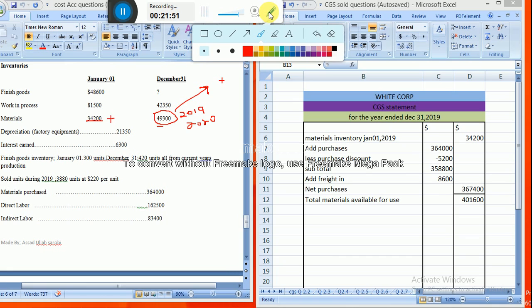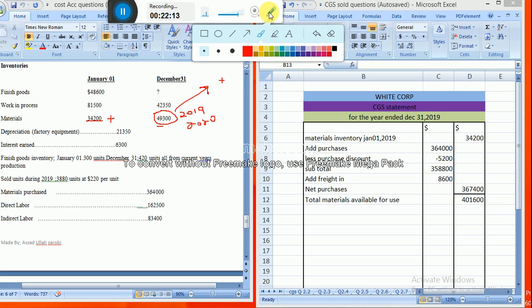If we do not add the previous year, the 2018 remaining material, and do not subtract the current year, the 2019 materials, we will be unable to find out the exact cost of materials. Keep in mind.